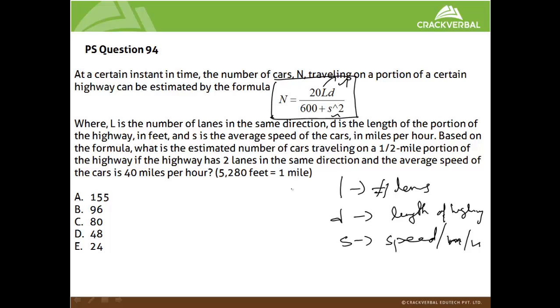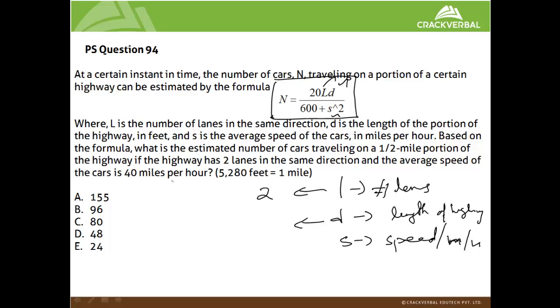They have given us a function, but this function has more than one variable, almost three variables here. So L is the number of lanes, so L is equal to 2 here, and D is the length of the highway, which is half a mile, and the speed is 40 miles per hour.